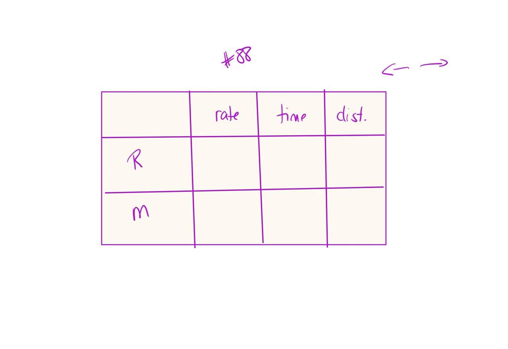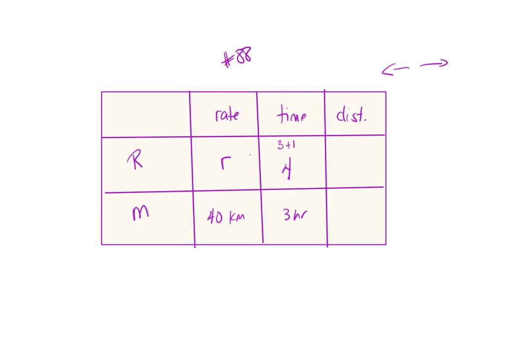May traveled 40 kilometers for 3 hours. They just told us both her rate and her time, okay? It says that Ryan left 1 hour before her. That means he traveled 1 more hour, which means he traveled her 3 hours plus 1, 4 hours. We're finding his speed, which means we do not know this one right here.